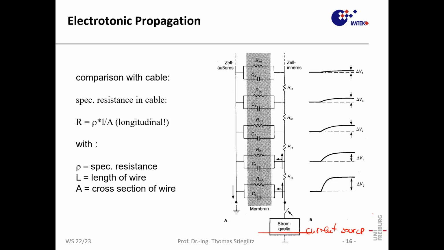That would mean if we had just a passive structure and we injected current somewhere, the current would not go to the very end, because the voltage at the very end would be 0, since there's so much resistance in between that all that drops down. And that raises the question, what does the nerve do to keep the amplitude as high as possible? And what is a good mechanism?